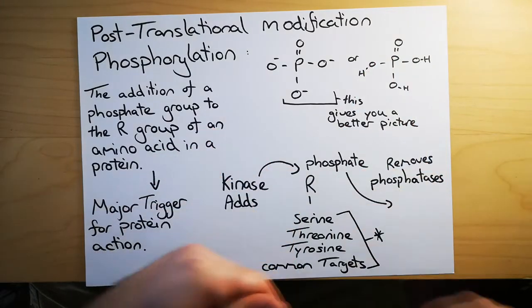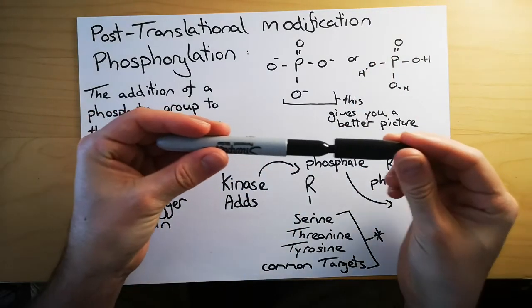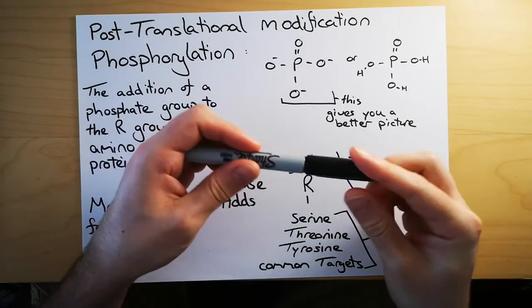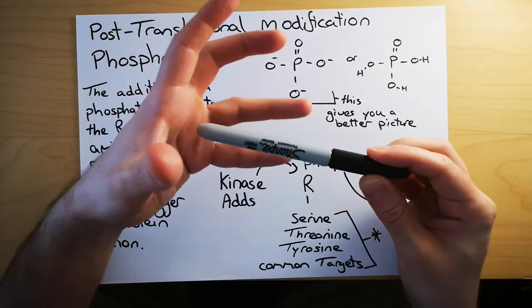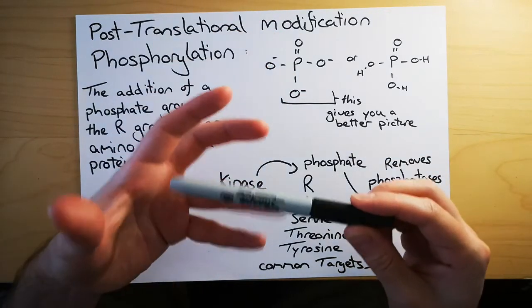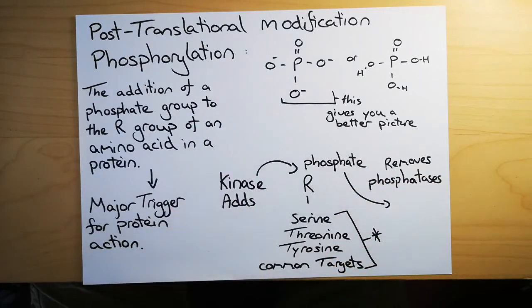You can imagine it like the addition of the phosphate group, and then this bit of the protein will change shape, or it will carry on an action. It's very important, especially because our main route of transforming energy from sugar is to make ATP, which is adenosine triphosphate.